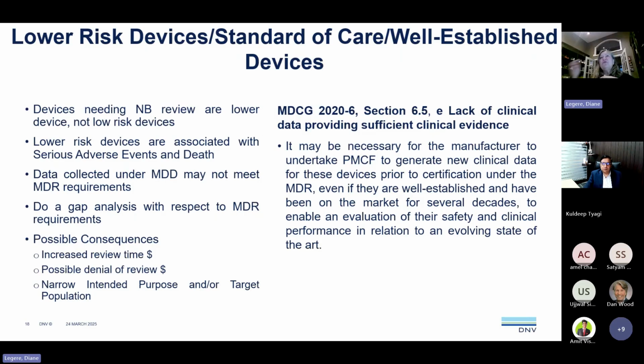So if you were thinking of standard of care, that would probably be a device that would come into your head. So how then do you look at the type of clinical data you need for that? A manufacturer might think, hey, I can just use my PMS data because it's well established. It would meet all those criteria.